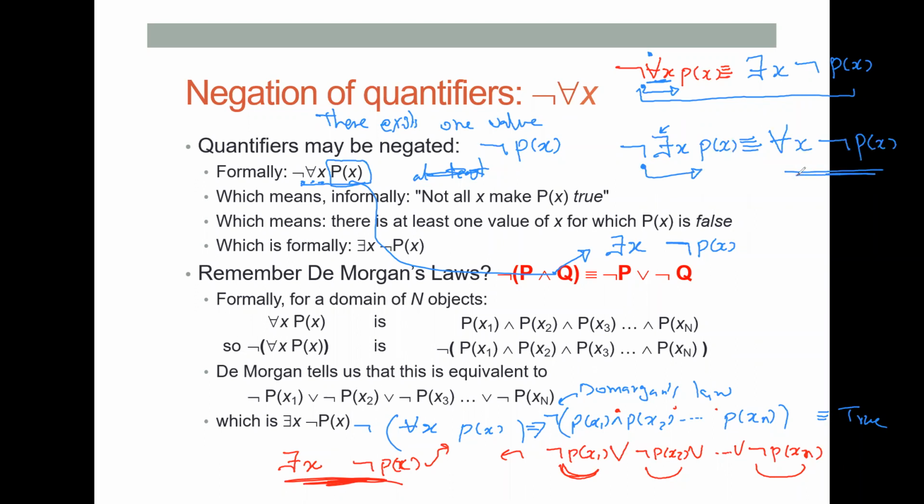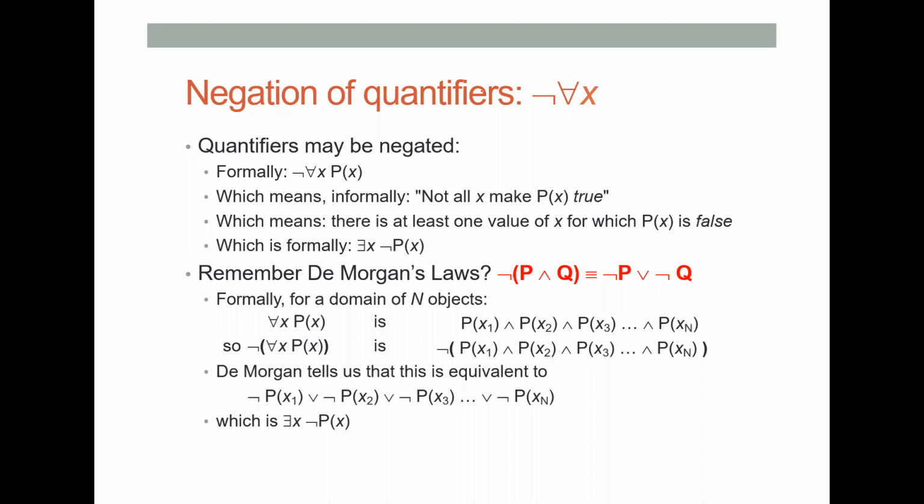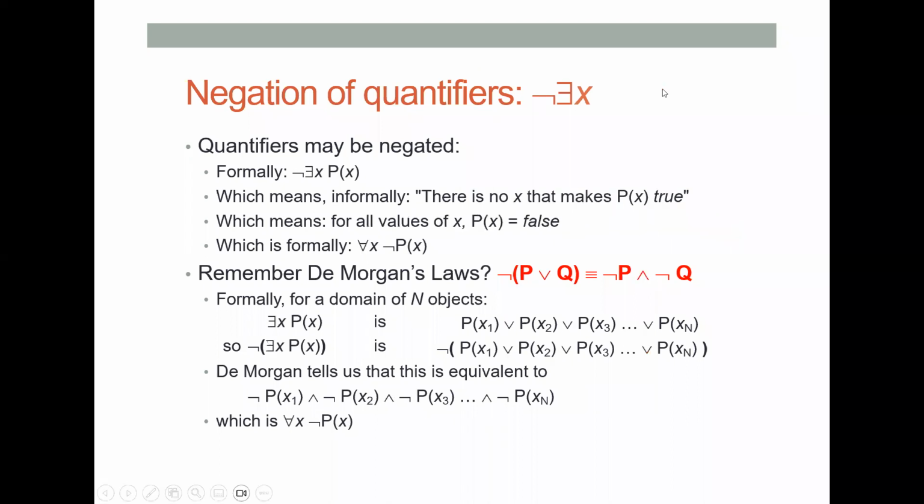Okay, so the left side and the right side here are the same, because this is De Morgan's law and this is its proof. Okay, so how do we read the negation before the existential quantifier? This means that there exists x where p of x is true.